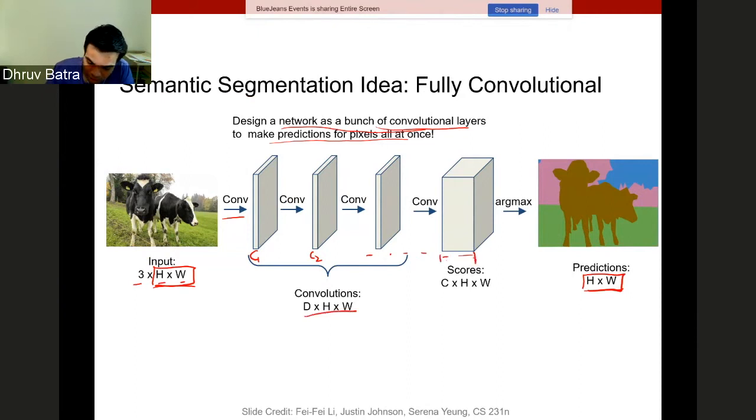At the last convolution layer, I will convert the number of channels to be the number of classes, right? I'll have that many channels. And then I will interpret at each pixel these as scores, for all categories at the row comma column at this particular pixel.